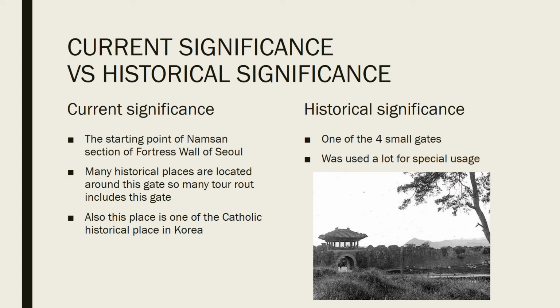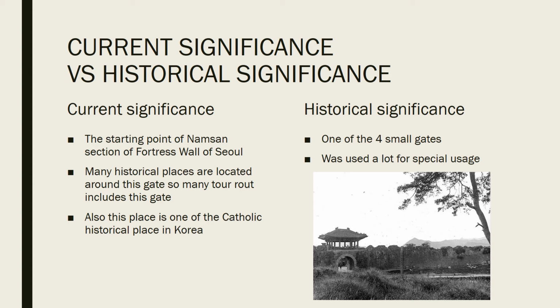So now you'll see the current and historical significance of this gate. First, the current significance is mainly three parts. First of all, this gate is the starting point of the Damsan section of the Fortress Wall of Seoul, which is called Hanyangdoseong in Korea. And also, there are many historical places located around this gate.